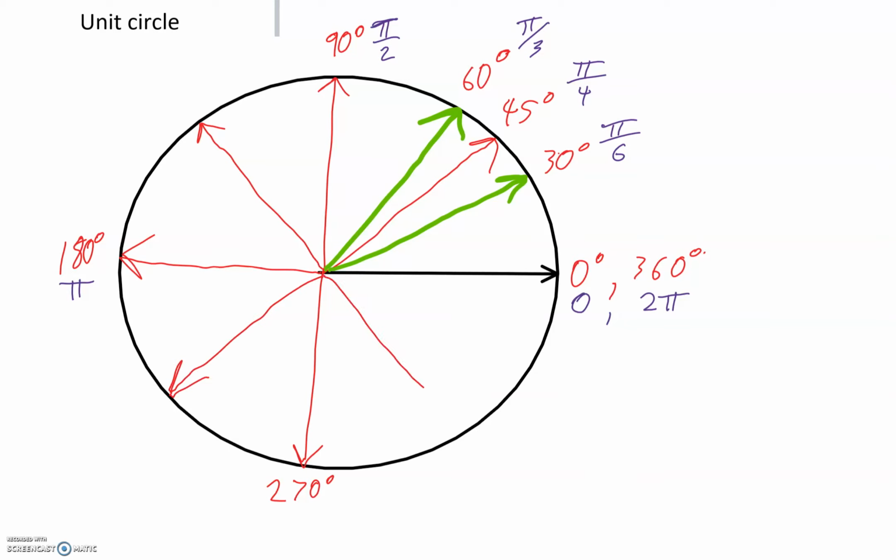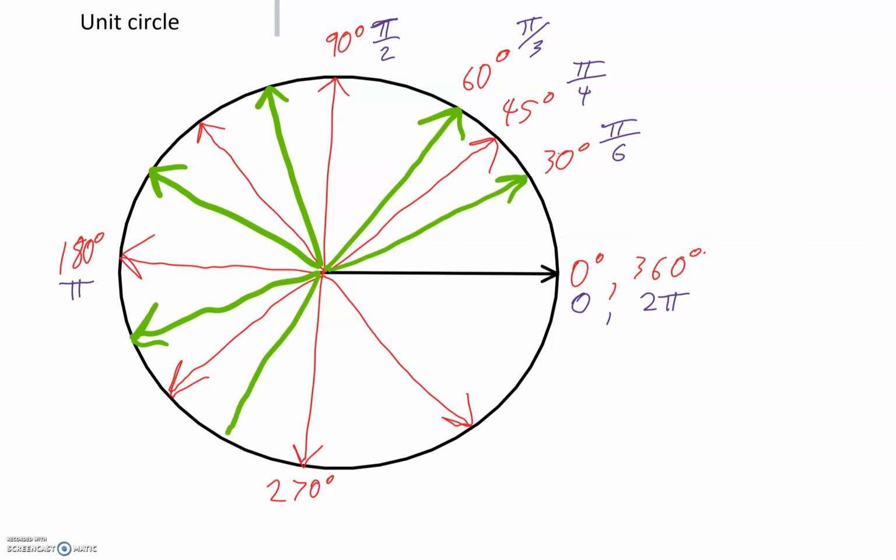If you could pause the video and finish the unit circle at this point, filling in all the blanks with both degrees and with radians, that would be a really good start into understanding angles a little bit better. Not the greatest drawings here, but I think you'll get the idea. Okay, pause the video at this point, try it out, and then see if you get the same answer I do.